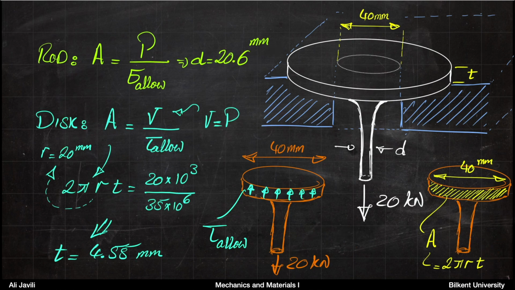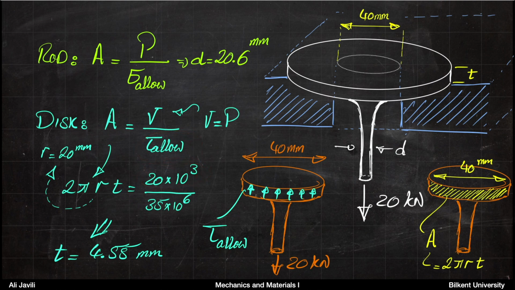So what you want to do is very similar to what we did before. Again, remember, shear stress is shear force divided by area. So basically you can say area is shear force divided by shear stress. Now the total shear force you have would be the 20 kilonewton, so it needs to carry all the force.